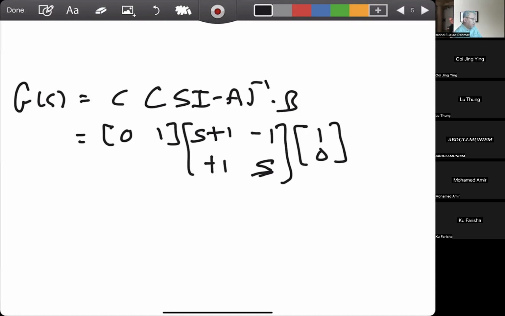Okay. So how are we going to multiply this? We define the size first.